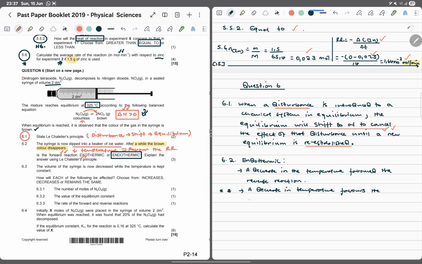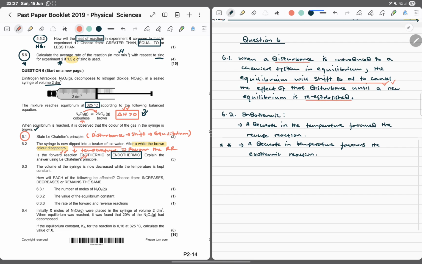Now, guess what? A decrease in temperature here favored the reverse reaction. So we can say the reverse reaction is exothermic.